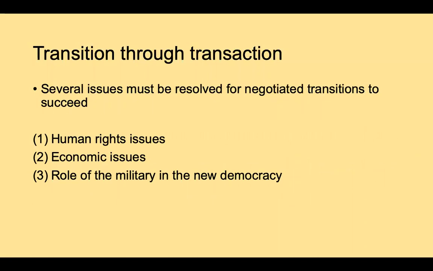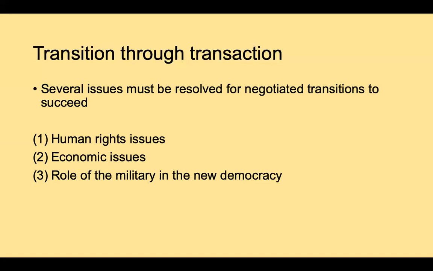Now, what kinds of guarantees are given to those regime elites who are willing to negotiate in exchange for some kind of concession? Well, there are a number of issues that have to be resolved as a part of this bargain and this negotiation. And those relate to human rights issues, in particular, the amnesties that are often granted to the military in exchange for leaving power.